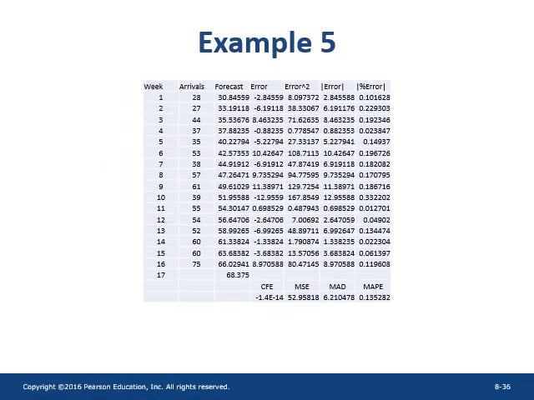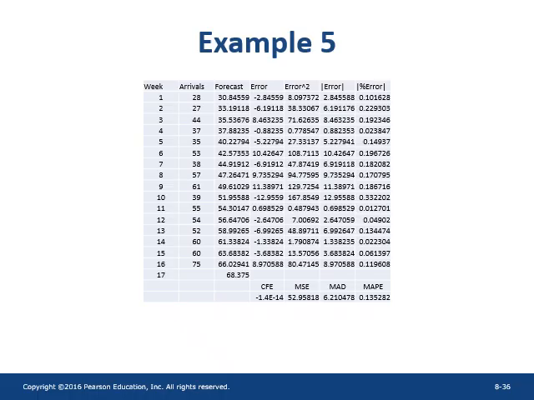So here it is. Essentially, the arrivals are what we already were given in terms of data. The forecast is that intercept of 28.5 plus the slope, which was about 2.3 times the particular week that we're looking at. You'll notice the CFE, the cumulative forecast error, is essentially 0, and that's what we expect because we know regression to be an unbiased forecasting technique.